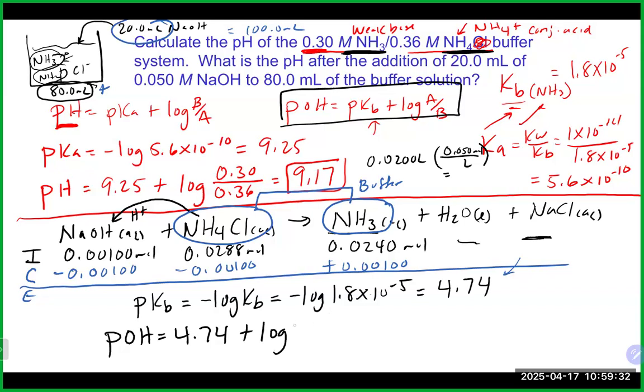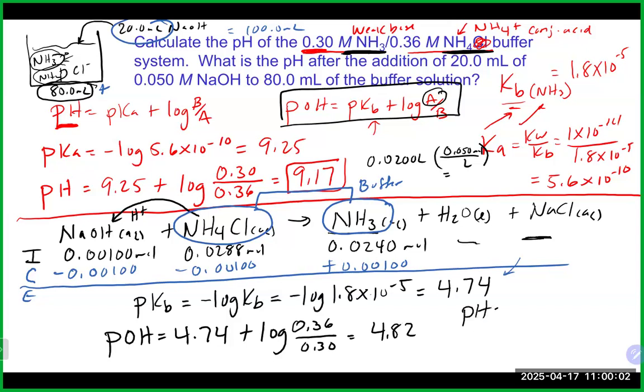You would then go into your pOH, which would equal 4.74 plus the log. Again, in this case it is the acid up on top, which means you would want 0.36 divided by 0.30. Logging that, plus 4.74, gets you about a 4.82 pOH.